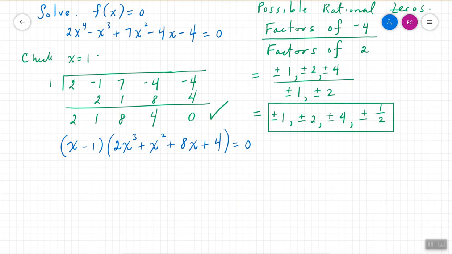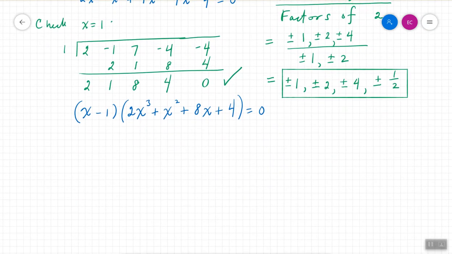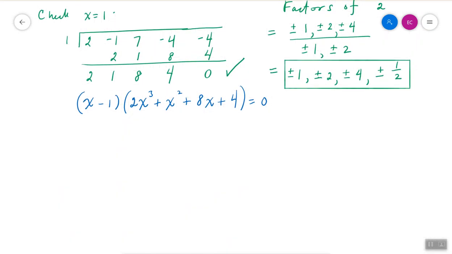And, you know, it's possible that 1 could work again. So what we really need to do is start with 1 again.